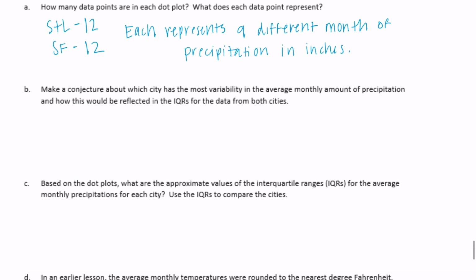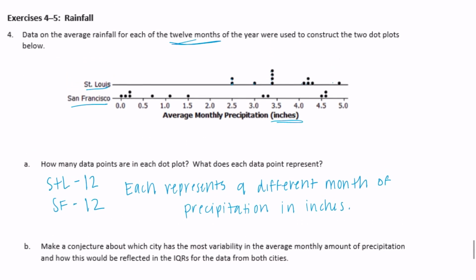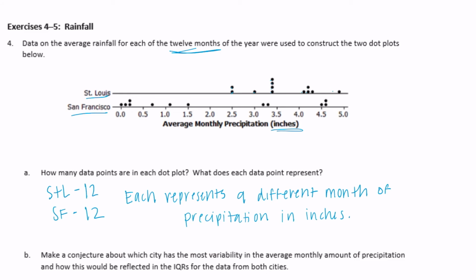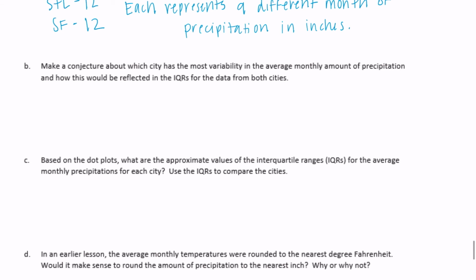B, make a conjecture about which city has the most variability in the average monthly amount of precipitation and how this would be reflected in the IQRs for the data from both cities. So which one has the most variability? I'm going to say, just by looking at them, St. Louis, they're all kind of gathered up here, whereas San Francisco are much more spread out. So I would say that San Francisco is going to have a lot more variability and in return also a much larger IQR.